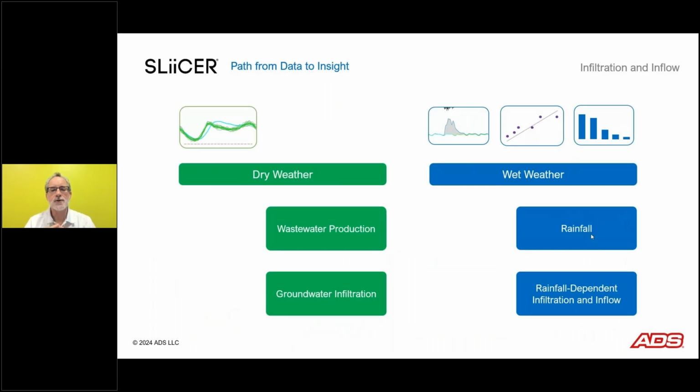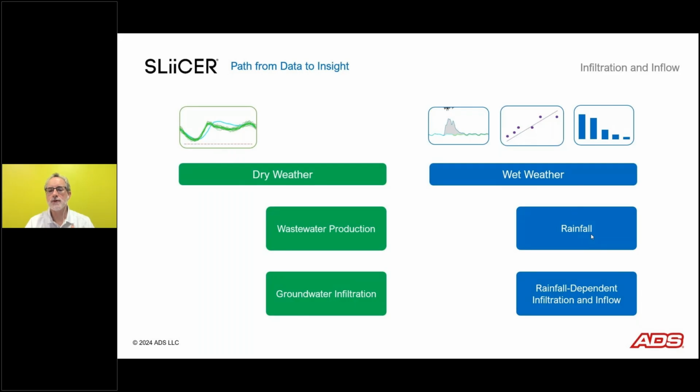So just conceptually, some of the things we're doing is we're taking the flow monitor and rainfall data. That's allowing us to split that data into dry weather pieces and wet weather pieces. With the dry weather data, we're going to zero in on some simple statistics like minimum, average, maximum dry day flows, and also splitting that dry weather flow up into wastewater production and groundwater or base infiltration.